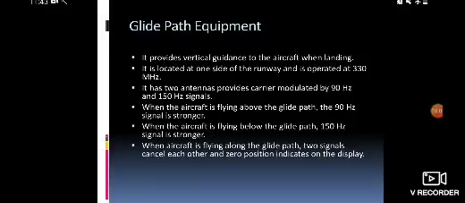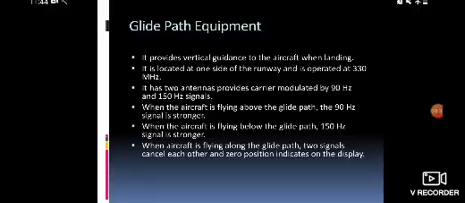Okay, in this we can see that it has receiving antennas. Why? Because whenever there are two antennas, we call them receiving antennas, and they provide carrier modulation only. These two antennas operate at 90 Hz and, at the same time, 150 Hz signals only. Whenever the aircraft is flying above the glide path, the 90 Hz signal is going to be stronger, so the pilot can see that I am flying above the glide path.